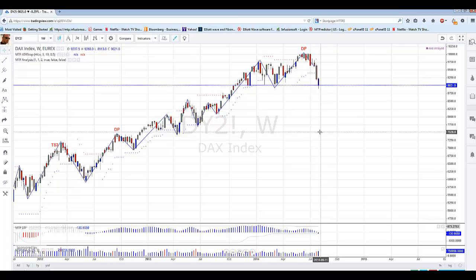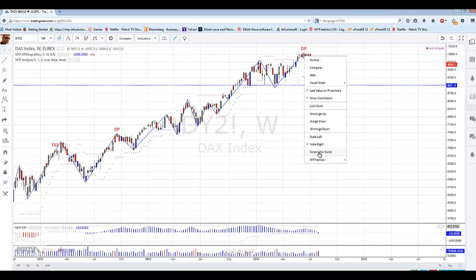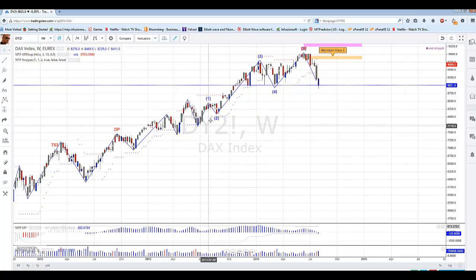And finally here, just wrap up with the DAX, because we were tracking the DAX also, putting that high in on the weekly chart here. And let's check the wave pattern, because you'll see how this looks very similar to the S&P, and you can see that 5-wave pattern up right at the minimum wave 5 target.